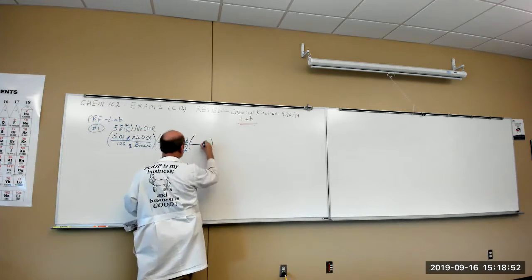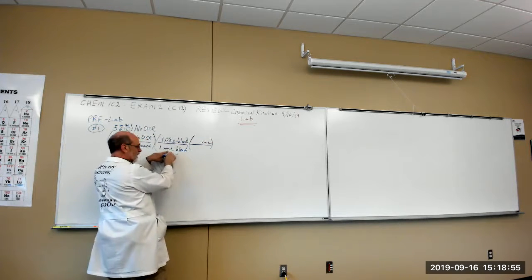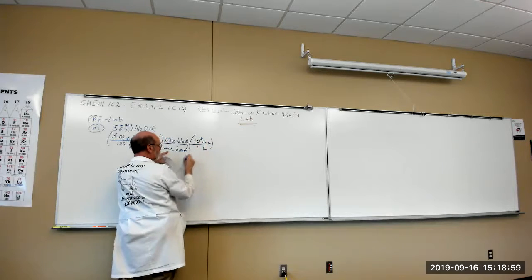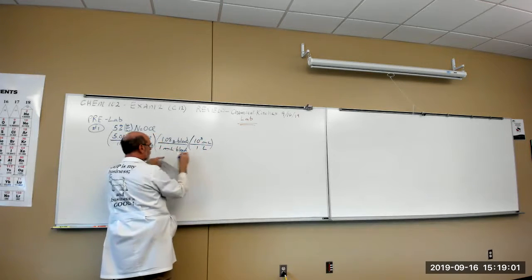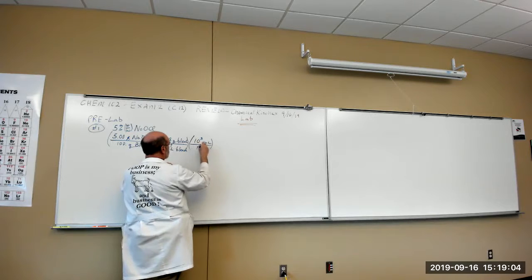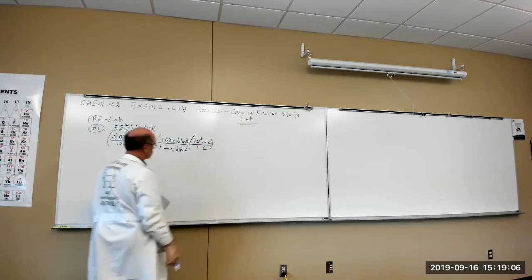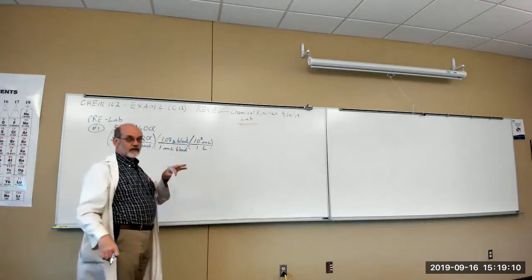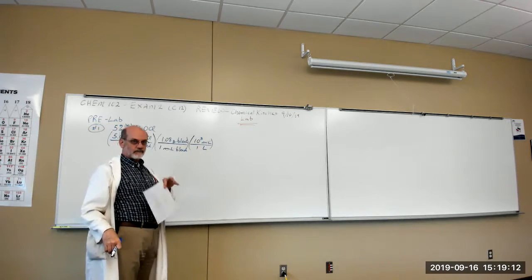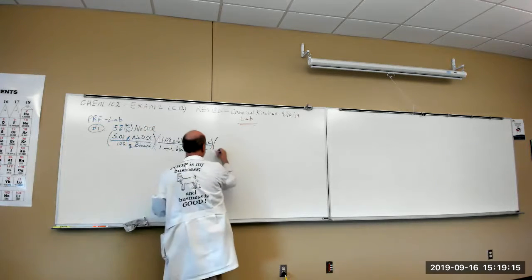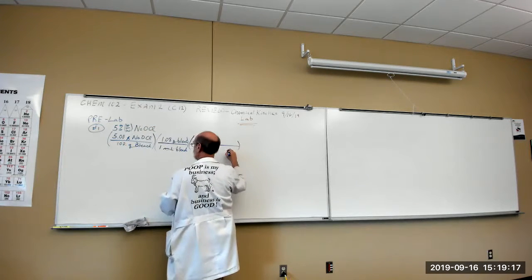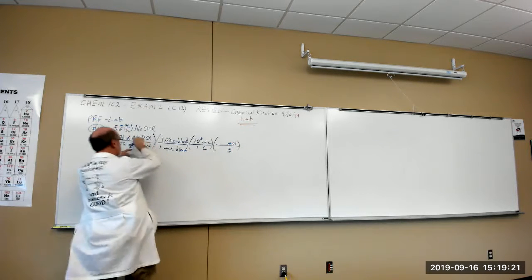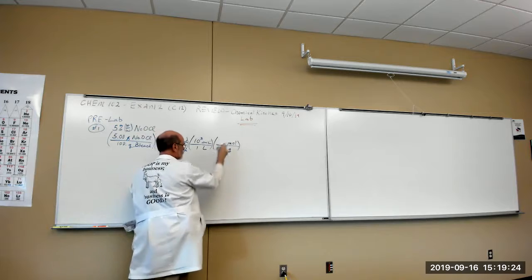So we need milliliters here, cancel these milliliters, liters on the bottom. So this is 1,000 milliliters per liter. So there we go. So now we have grams per liter. We just need to convert sodium hypochlorite to moles. So grams on the bottom and moles on the top, because grams cancels and leaves us with moles.